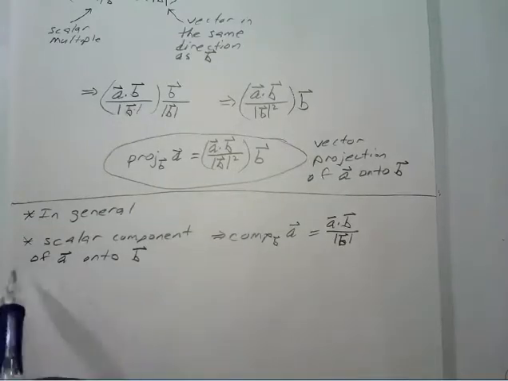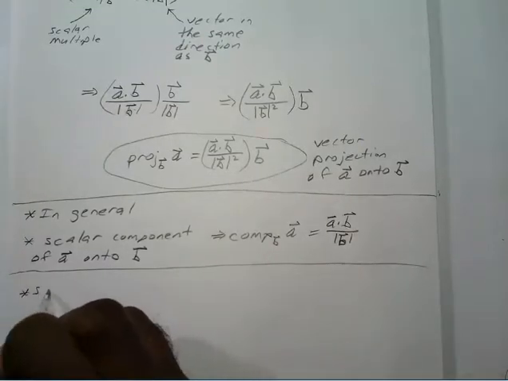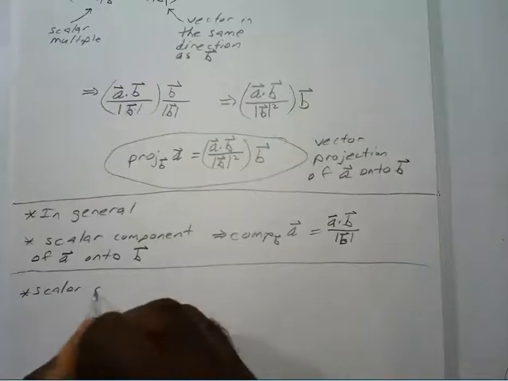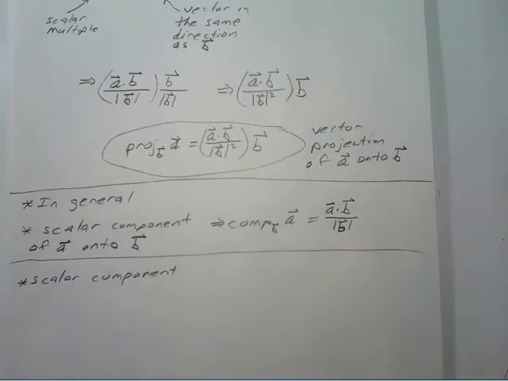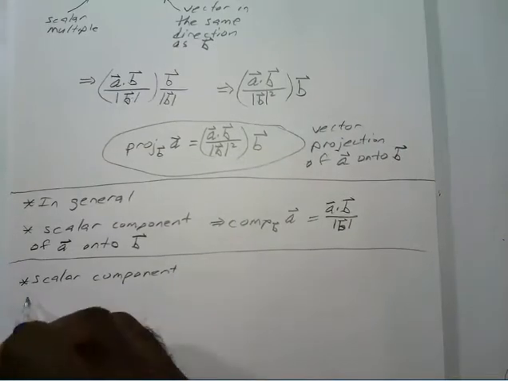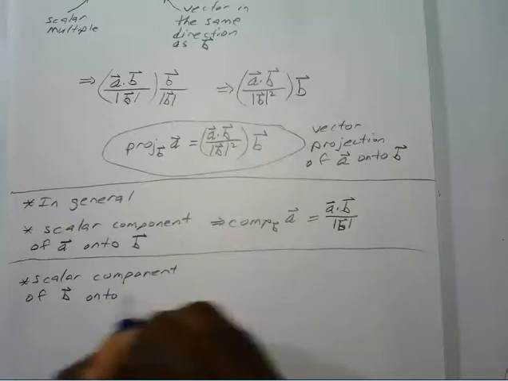But it doesn't have to appear in that form. You could have the scalar component of the B vector onto the A vector.